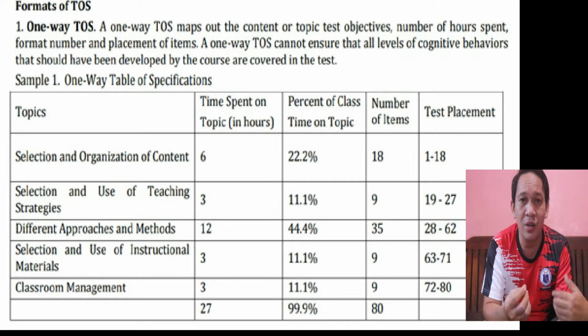Okay, I will be discussing the one-way TOS. Again, the one-way TOS maps out the content or topic, test objectives, number of hours spent, format, numbers, and placement of items. This is the design of the one-way TOS, where TOS is the table of specification.